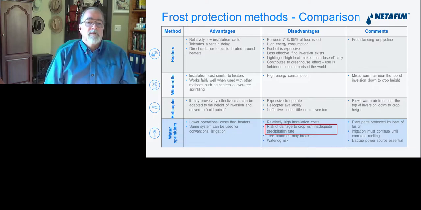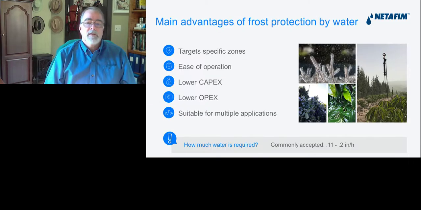So the main advantages of frost protection by water is we can target specific areas. Again, going back to the large impacts that cover the entire grove, we just don't want to waste that water. We don't want to apply that much water and risk damaging the trees. The ease of operation. Most of you guys are probably experienced with low volume irrigation already. We're not talking about anything new here. It's just making sure it's the right size and applied properly.